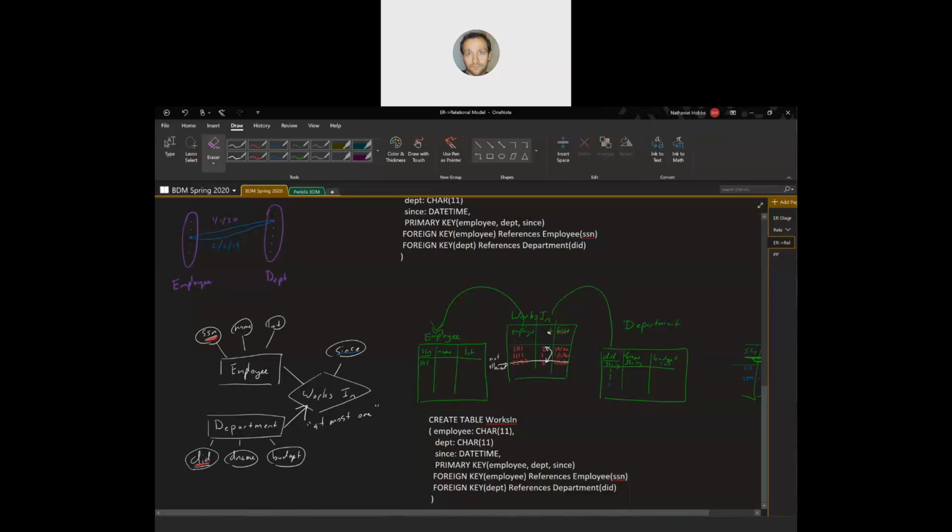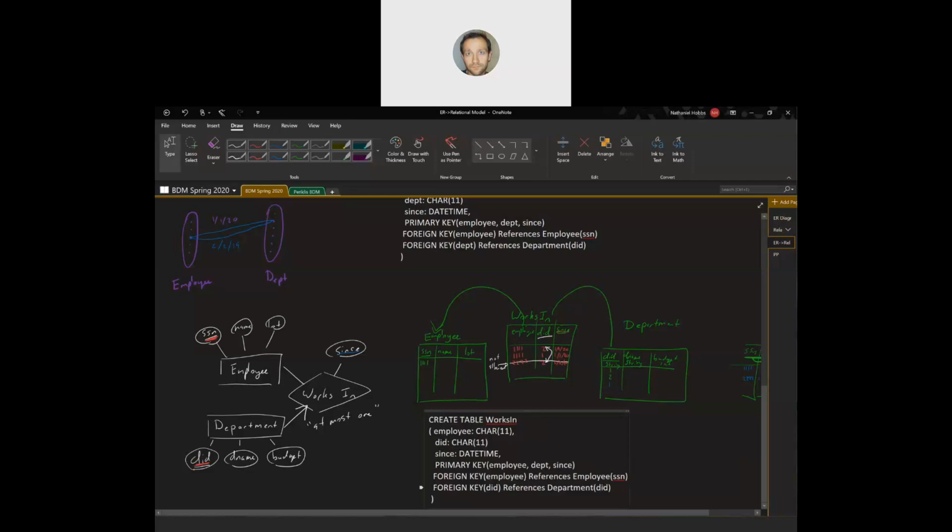Here, just to contrast, if I named this DID, I'm going to make that a key, then this would be now called DID, and it's a foreign key that references the department DID.